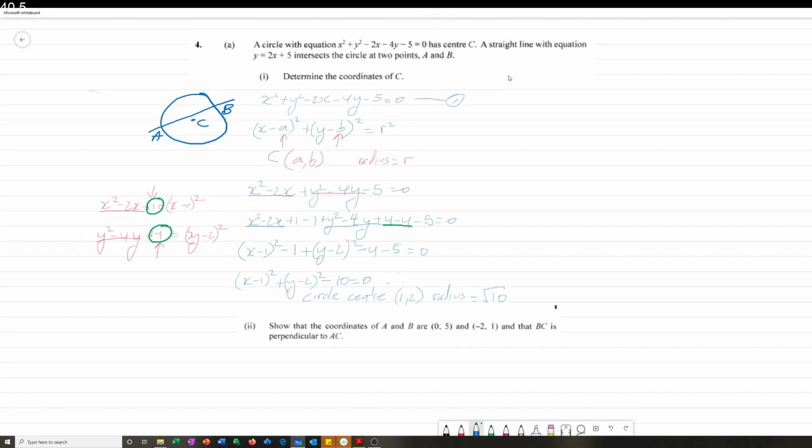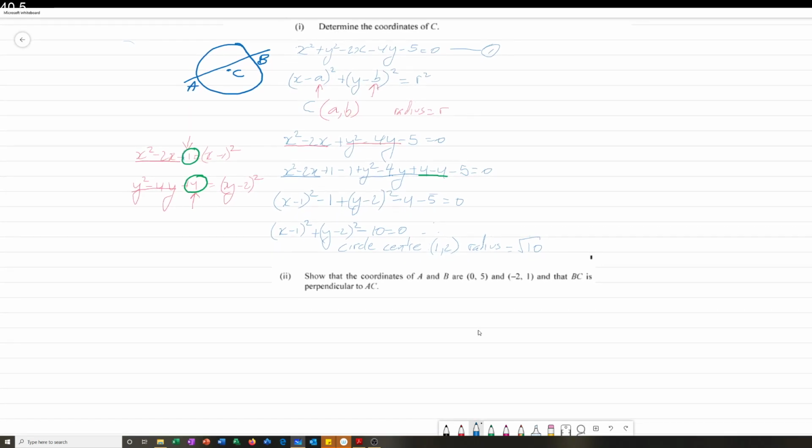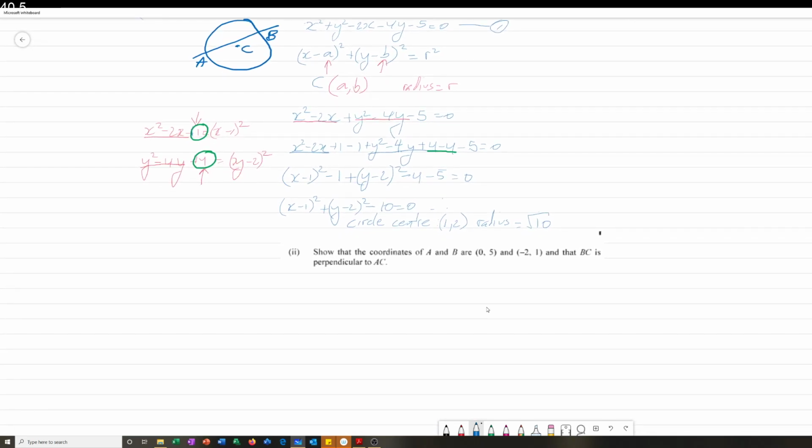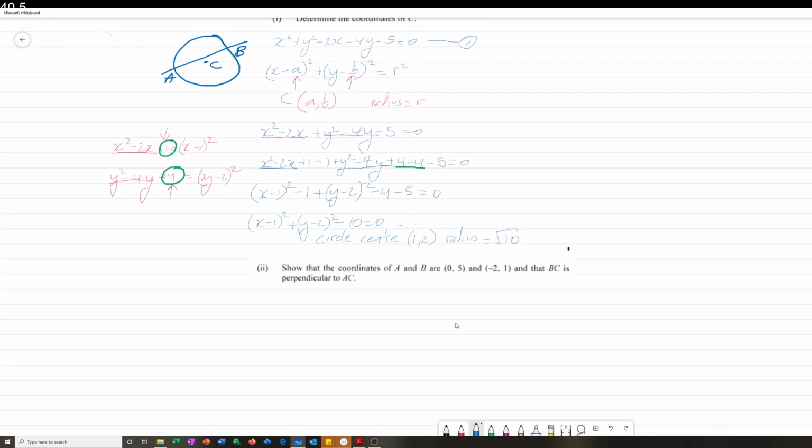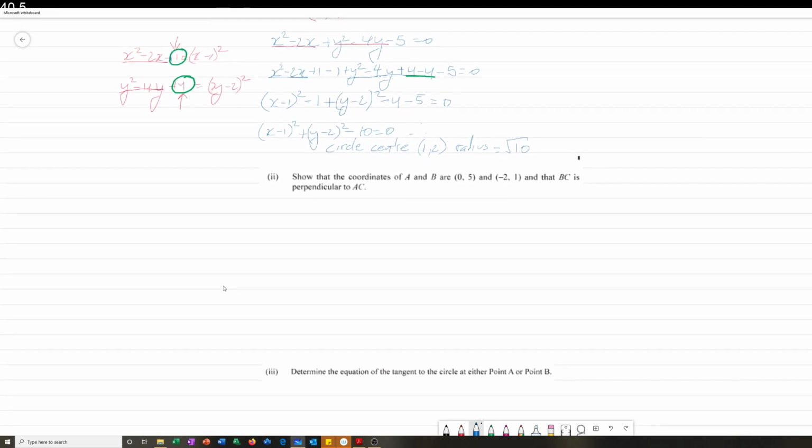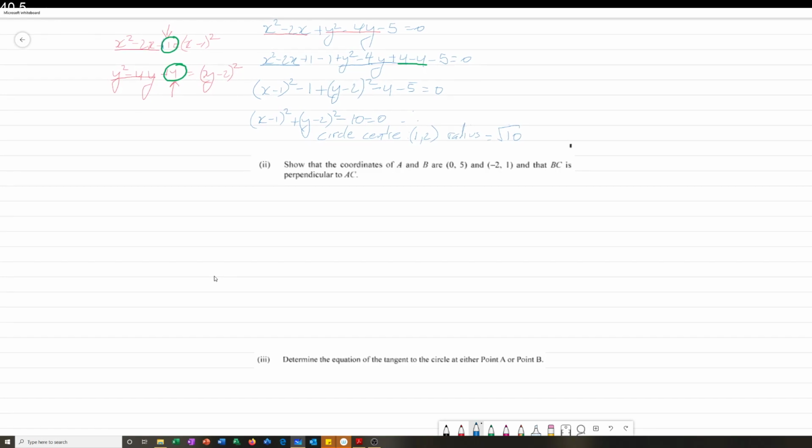And they gave us the equation of the line that contains A and B. It's y is equal to 2x plus 5. So this is a straight simultaneous equation where we're going to have to substitute. So the equation is y is equal to 2x plus 5.